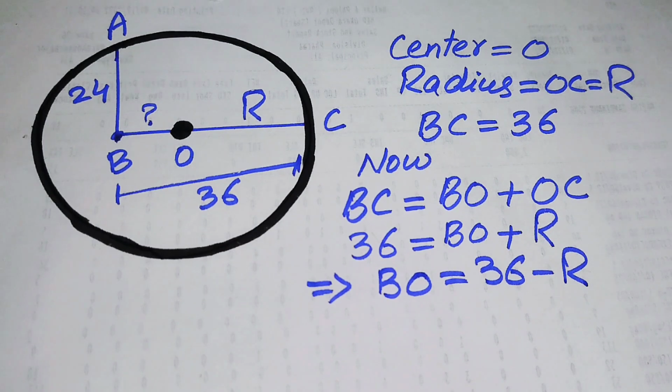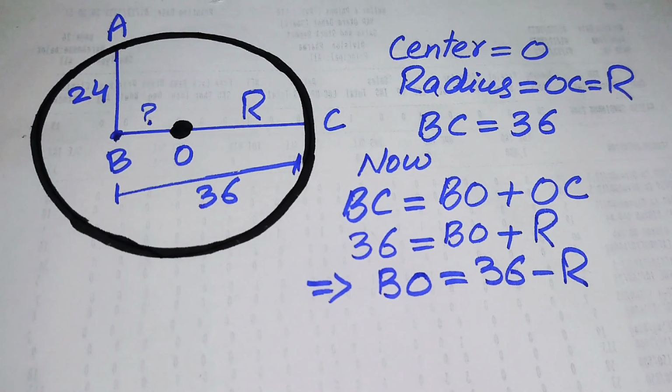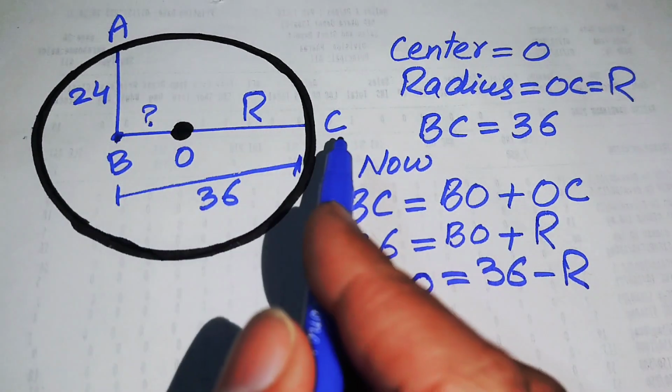Now we make a little construction and draw another radius other than OC.